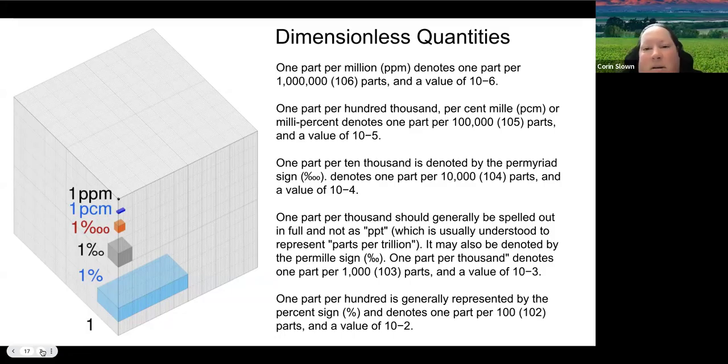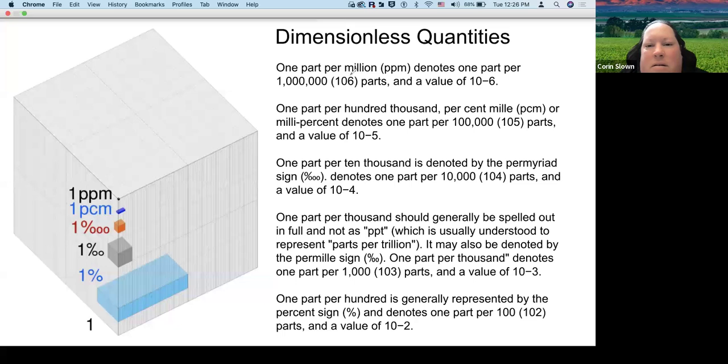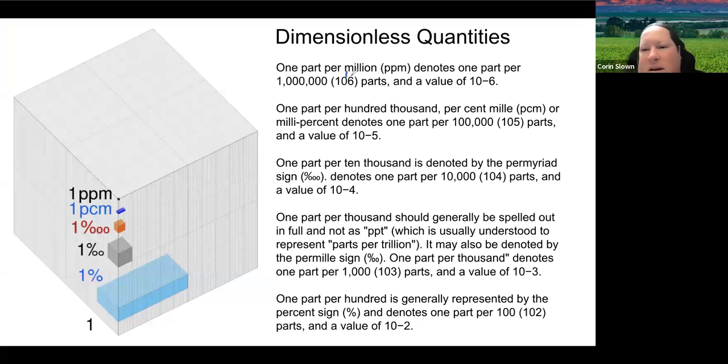So 1 part per million, the value of 10 to the 6th, I should add here. Sorry, I'm missing my hat. 10 to the 6th total parts. 1 part per million would be 0.000001.